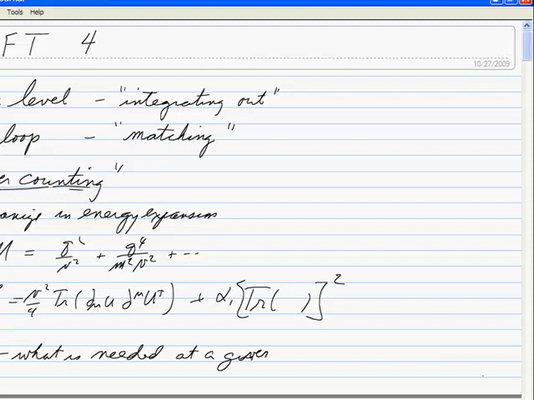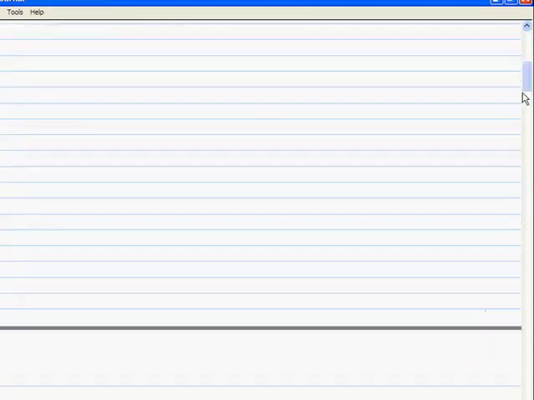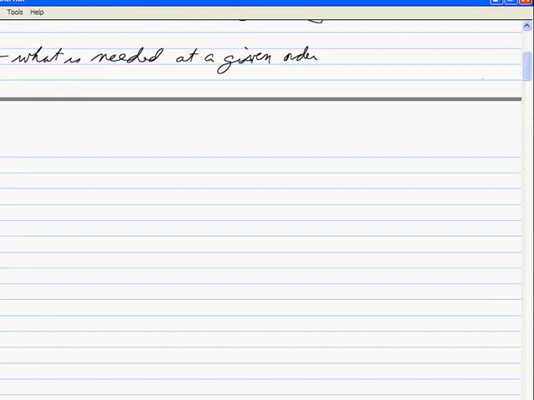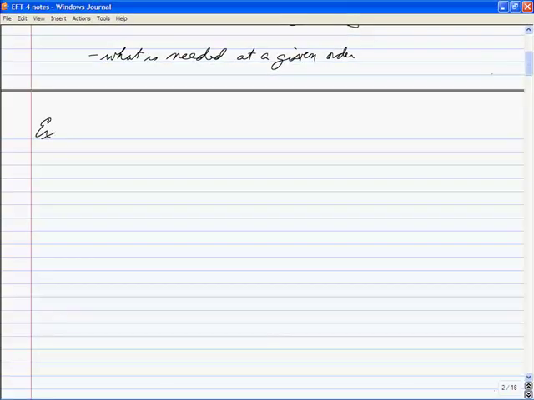What I want to first do is give you a wrong argument that shows you why it's an issue. Okay, so I'm being devil's advocate here. Let's imagine that we have one of these Lagrangians.